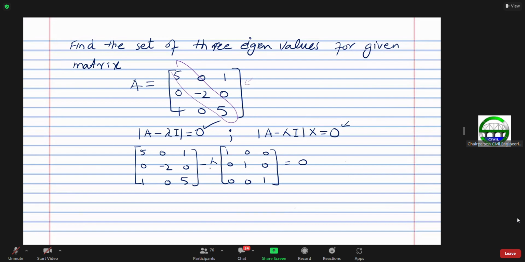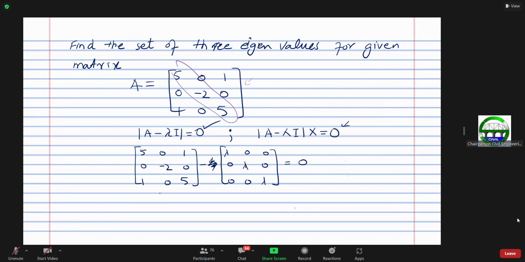Once we subtract this, it will be 5 minus lambda, because I multiply it in here. So I can write it as lambda, lambda, and lambda. I just multiplied inside.